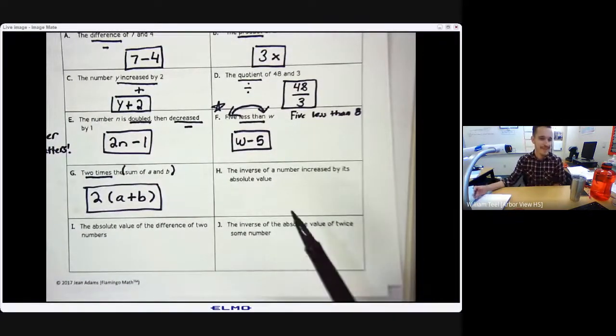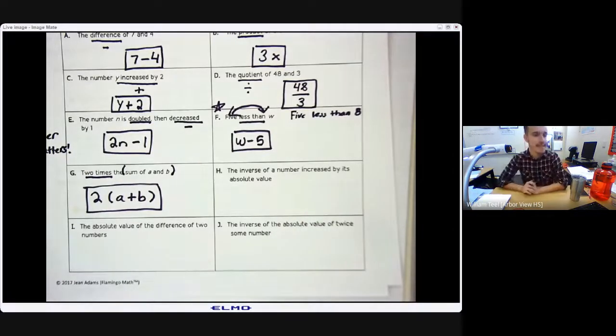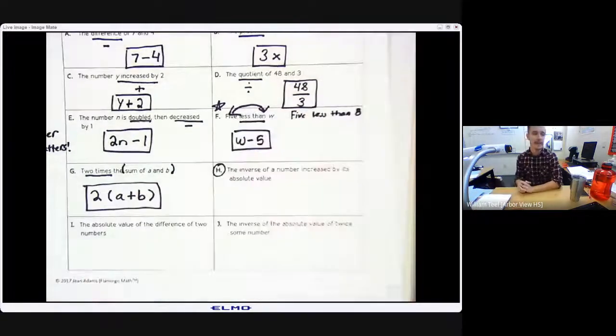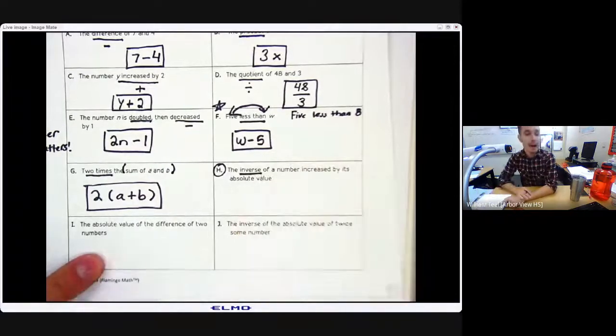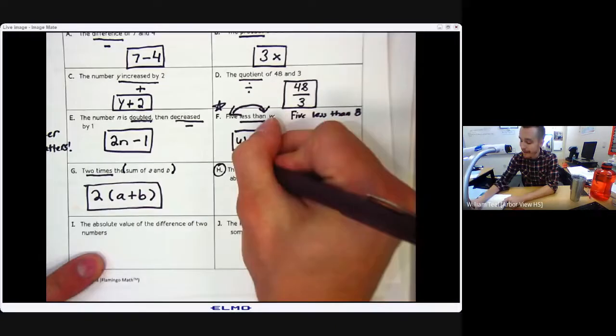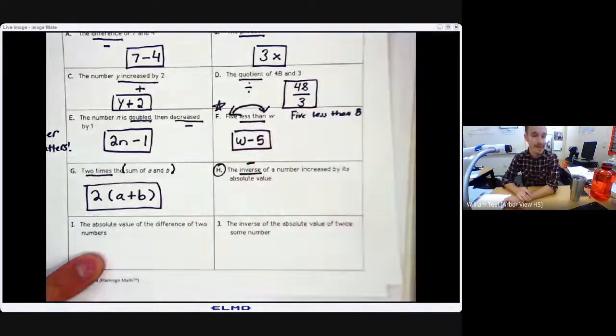All right. Moving on from that, moving on to part H, the inverse of a number increased by its absolute value. Oh my goodness, there's so much going on right here. We're going to have to be careful. So first word that I see is inverse. Now what inverse implies is that we are using the negative value of that quantity. Inverse means negative values.